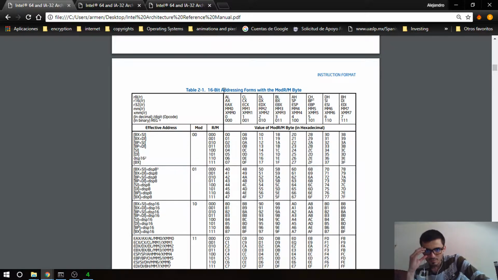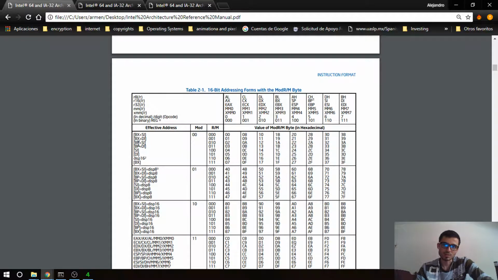But with 16-bit addressing, the range is 65536. So the values of BX plus SI cannot go over that. BX is a 16-bit register, and SI as well is a 16-bit register.